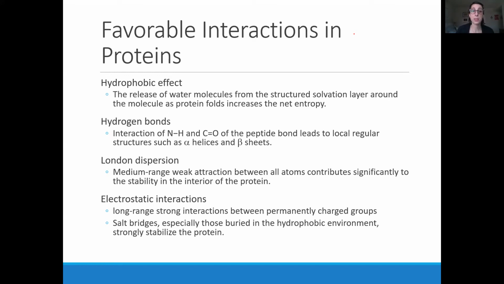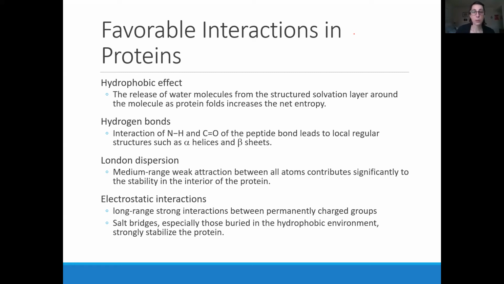Hydrogen bonds are one of the most key bonds in holding together and stabilizing structure within a protein. And these can happen, as we'll talk more about, with interactions between the NH and the CO, so the amine and the carbonyl group of a peptide bond between other amino acids.